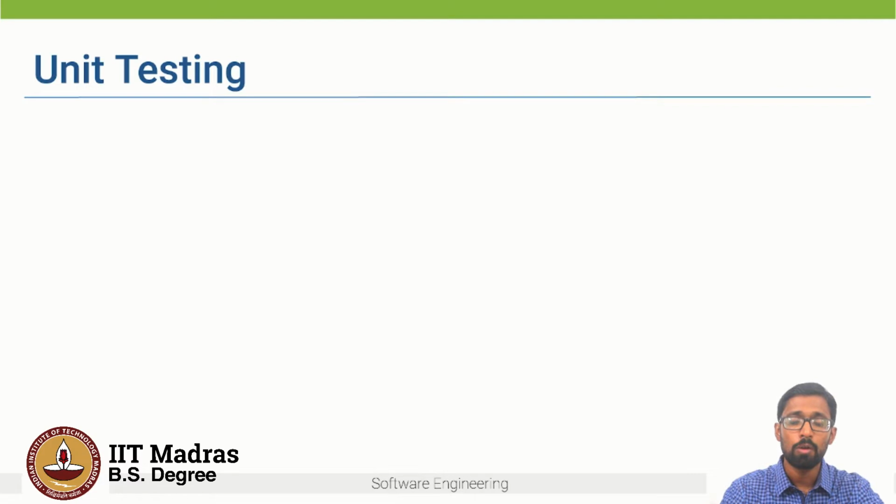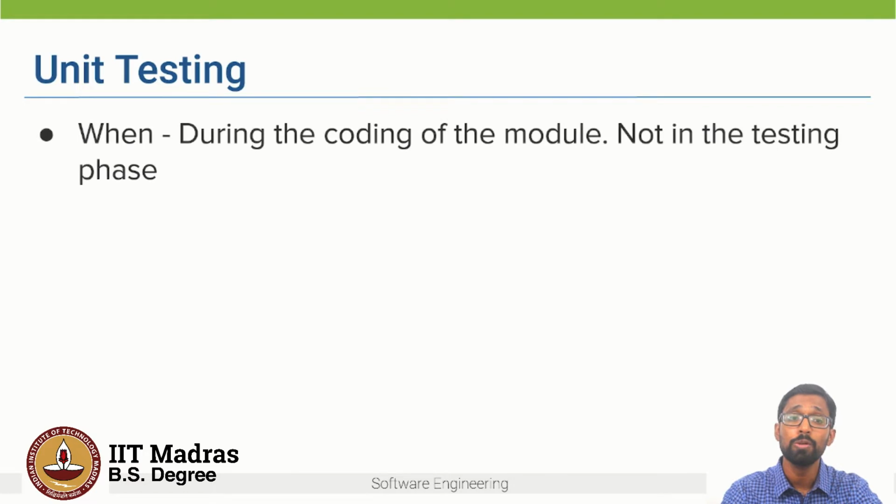So now let's look at some more details of what unit testing entails, right? So when should we do unit testing? Unit testing should be done actually during the coding of the module, right? And not in the testing phase, right?